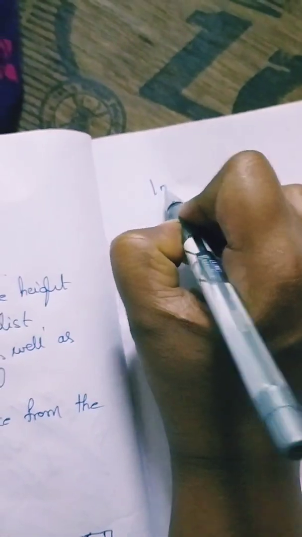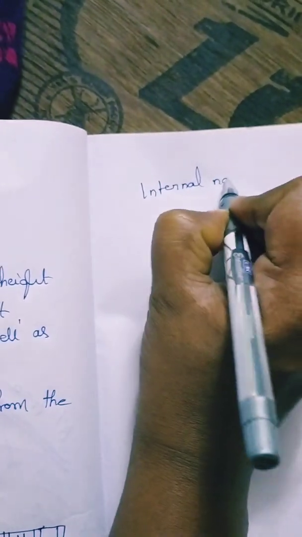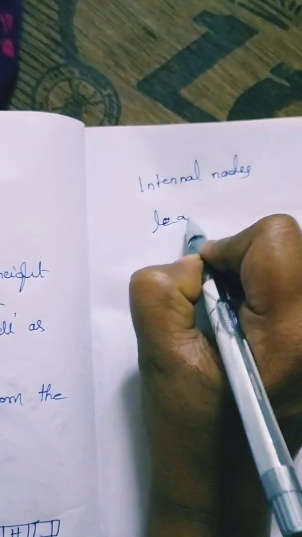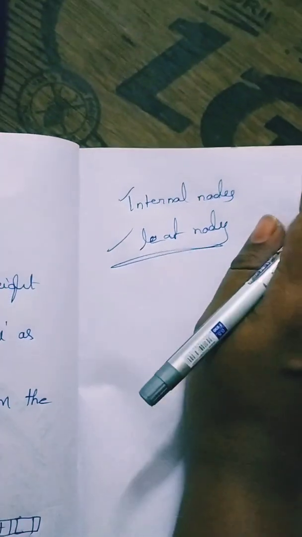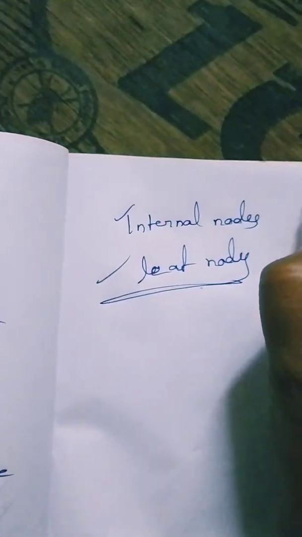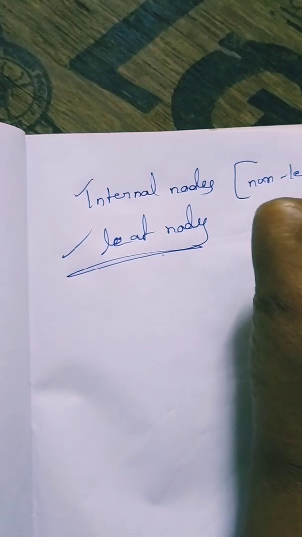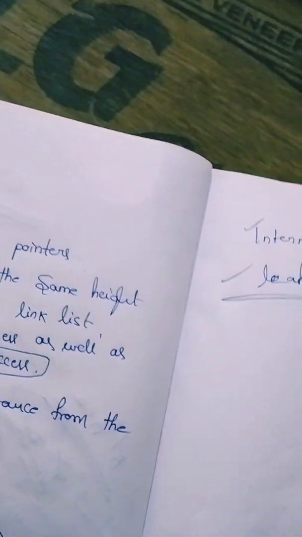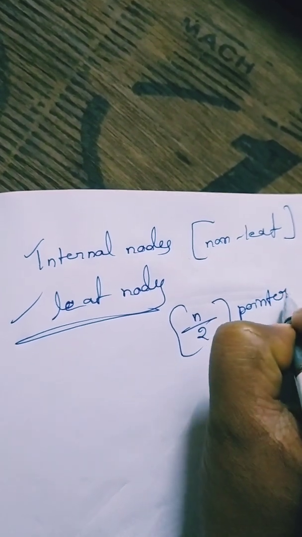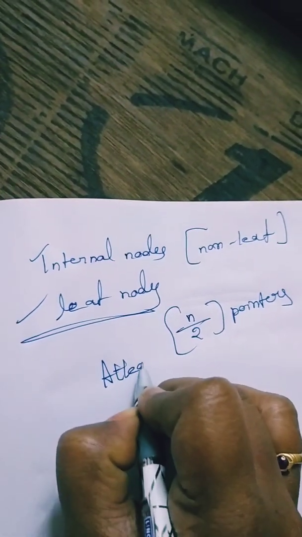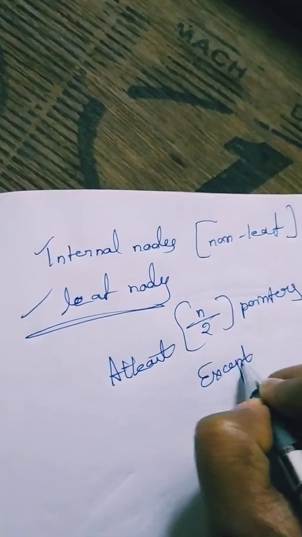Okay, so let us know about the internal nodes and leaf nodes. Here there are two types of nodes, internal nodes and leaf nodes. Internal nodes may also be called non-leaf nodes. Non-leaf nodes may contain at least n by 2 pointers, except the root node, and at most n.